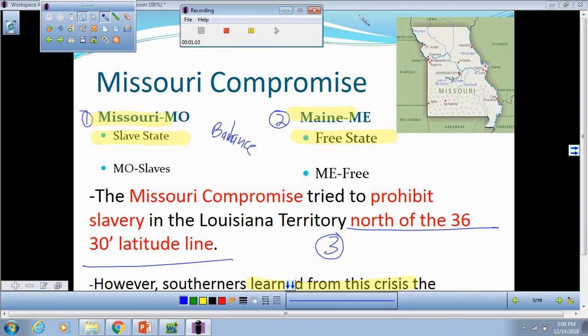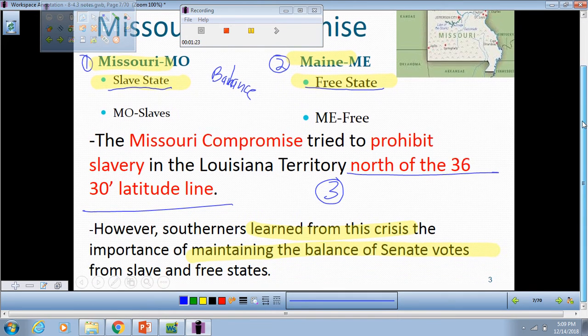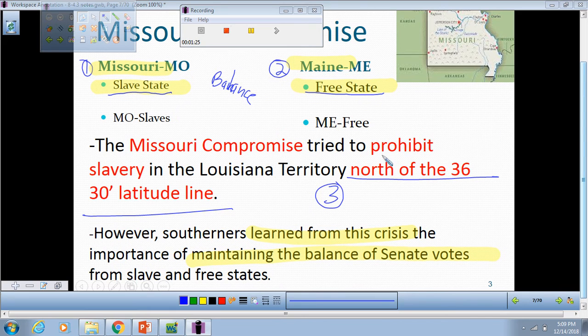What resulted was the Missouri Compromise, where Missouri was let into the Union as a slave state, Maine as a free state, and a line was drawn which prohibited slavery north of that line, which was the 36-degree, 30-minute line.